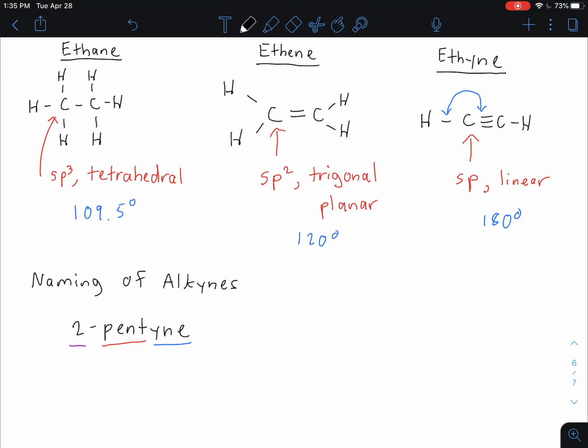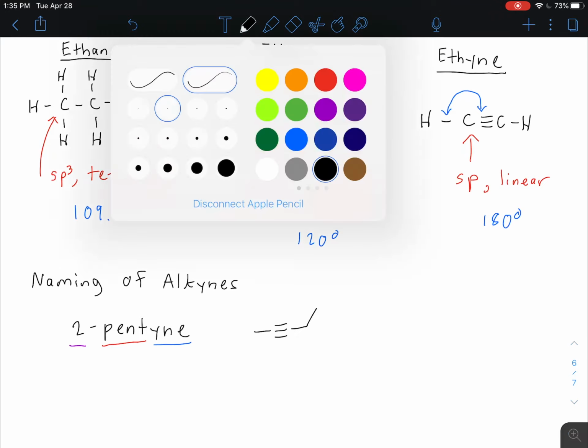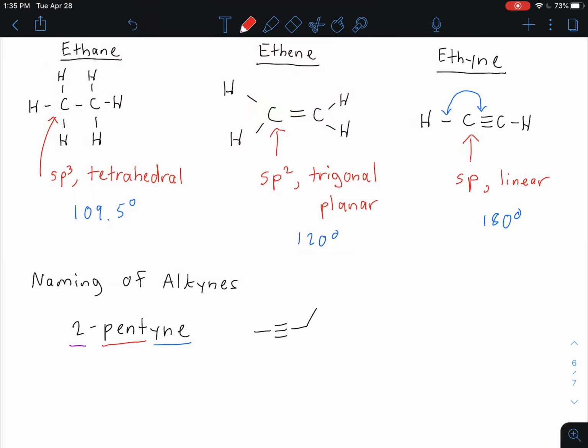So because the carbons attached to the triple bonded carbons need to be collinear, it'll look a little bit odd when we draw this, but it'll be like this. So triple bonds throw people off as they're looking at them, so let me number. It's 1, 2, 3, 4, 5.